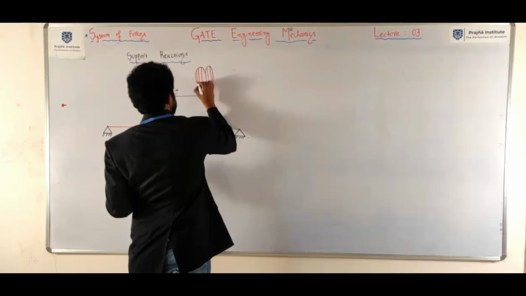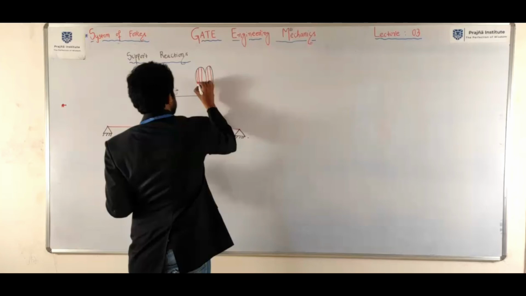Total resultant will be acting here. What is the area? This particular area is equal to some W into some area, W star and L star.